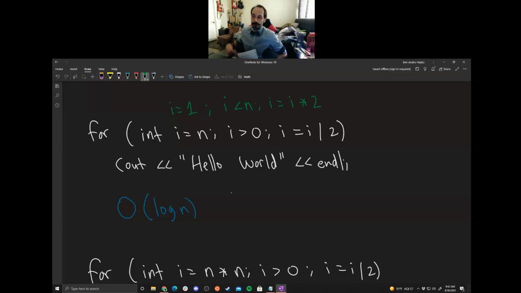If we start from n and work our way to 0, or start from 1 and work our way up to n, at this rate, it's still going to be logarithmic. So I could mess with these a little bit, so it's not going to be the exact same question as in the notes, but the test questions are very much based on what I'll cover in class. Maybe I'll modify them a little bit so you can't just pattern match and get the correct answer.